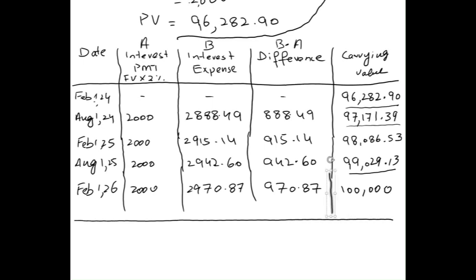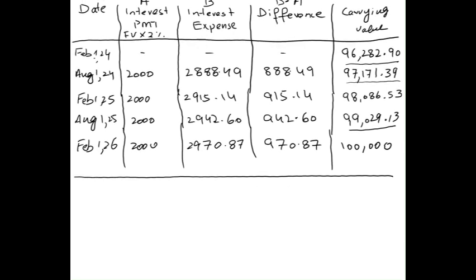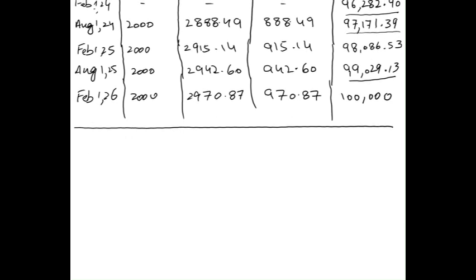Now let's do this same example, but we will switch up the rates so that we can do one for the premium bond. So again, the future value is 100,000.